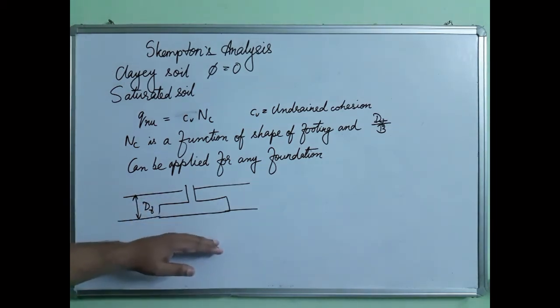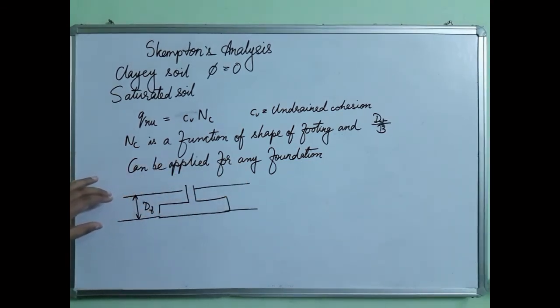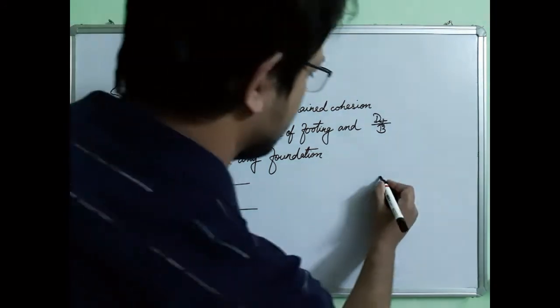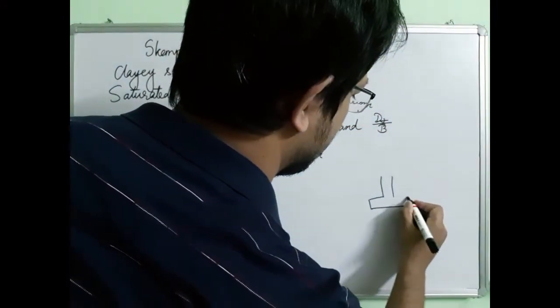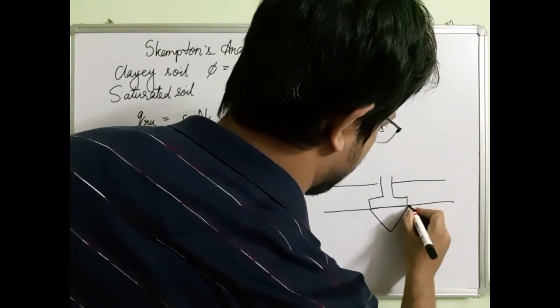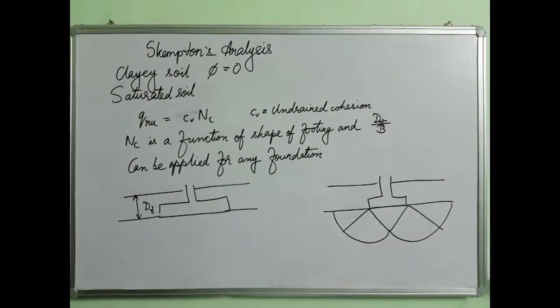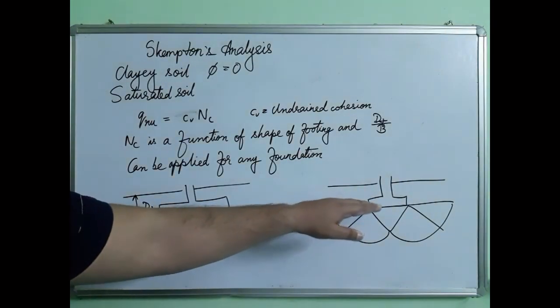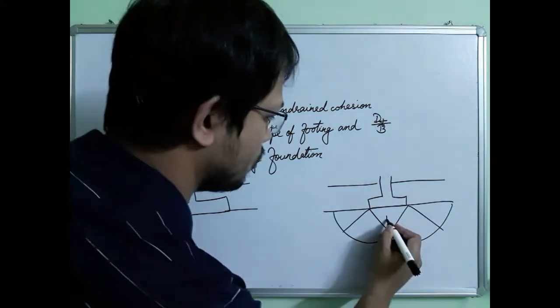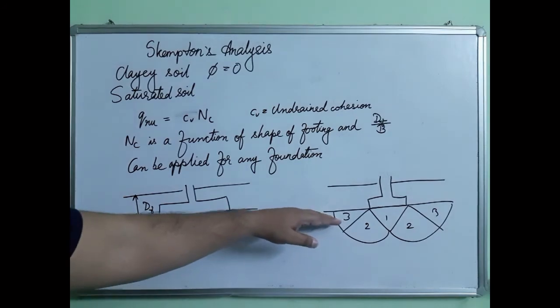In this region, but in Skempton's, we will be considering the effect of shear here also. You will know this because in Terzaghi's theory, when you look into the diagram, the shear planes were taken till this region.